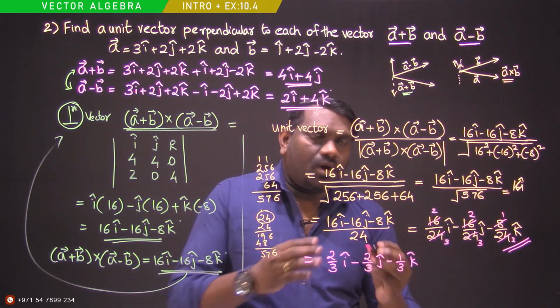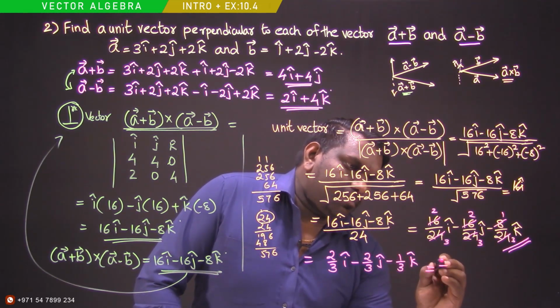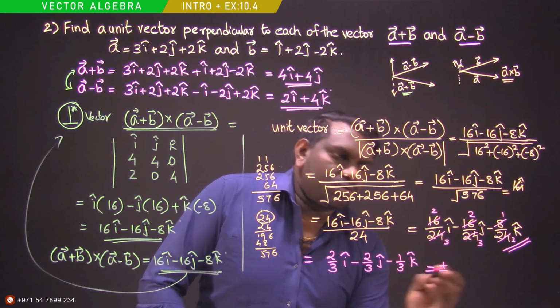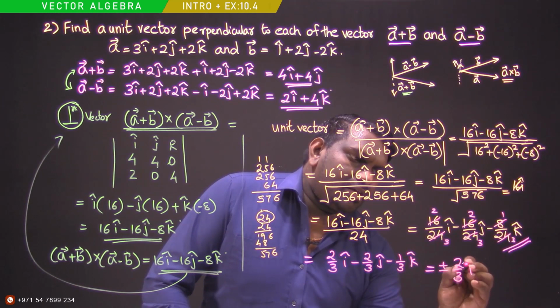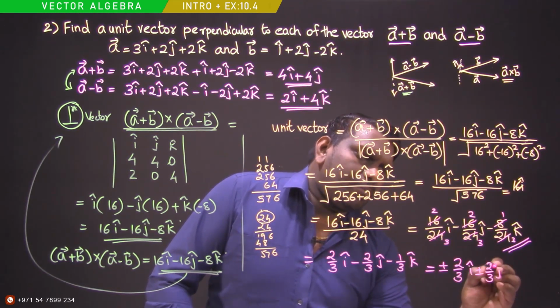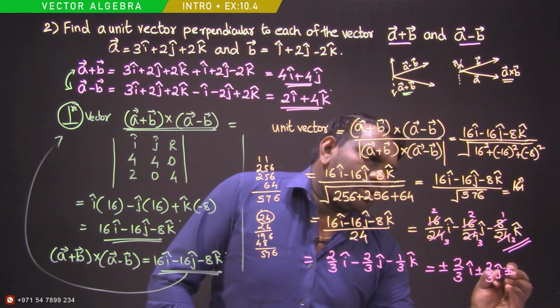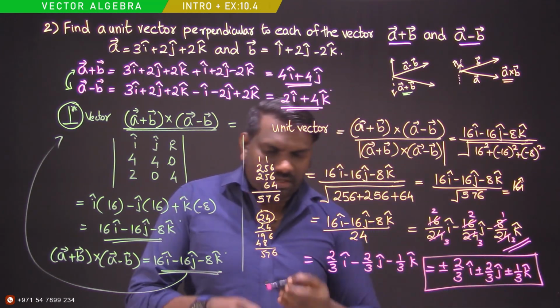ഇല്ലെങ്കിൽ now what I am writing is, dear, just check on. Now you are asking unit vector, right? This could be plus or minus 2 by 3 i cap, plus or minus 2 by 3 j cap, plus or minus 1 by 3 k cap. This is actually my final unit vector, what I will write.